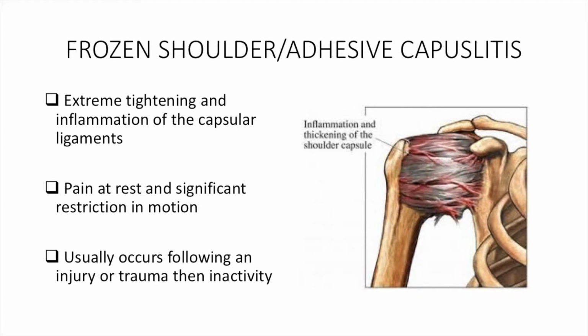This is a process that can last from 12 to 18 months. It typically happens after some sort of injury or trauma. The injury may be subtle, but it causes the person not to use their shoulder, and there's a little inflammation in there, and that inflammation gets worse and worse and starts to tighten down on the joint. So that's typically frozen shoulder.